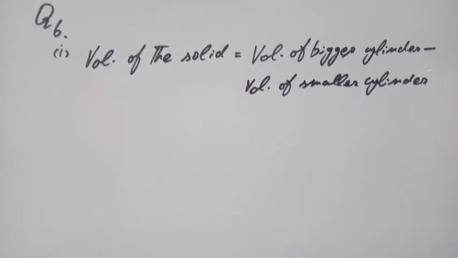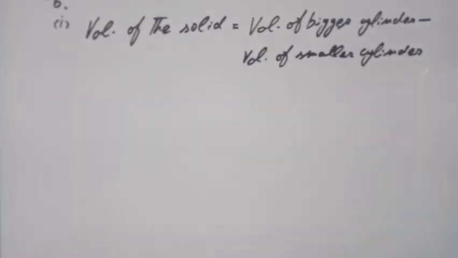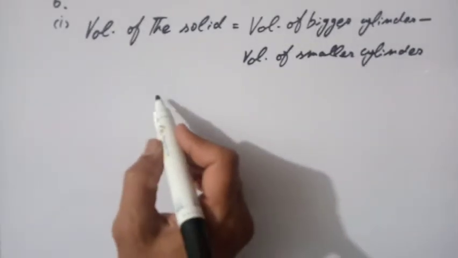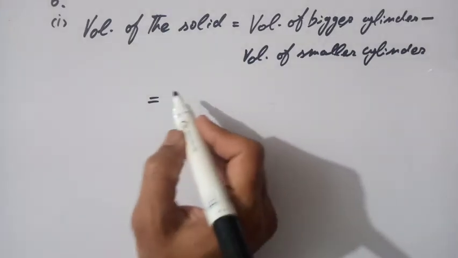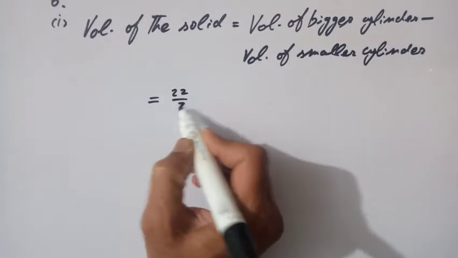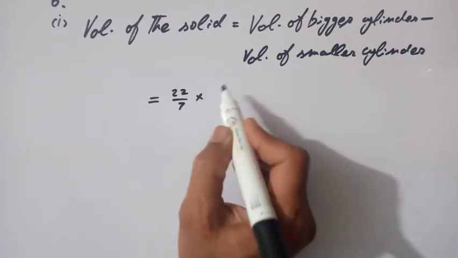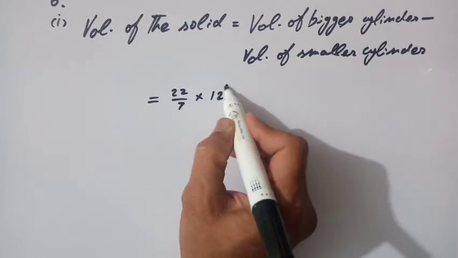Now we solve. You know the formula for the volume of the cylinder very well: area of the cross-sectional circle multiplied by height of the cylinder. So we just put the values and solve it. It's equal to pi multiplied by 12 square.